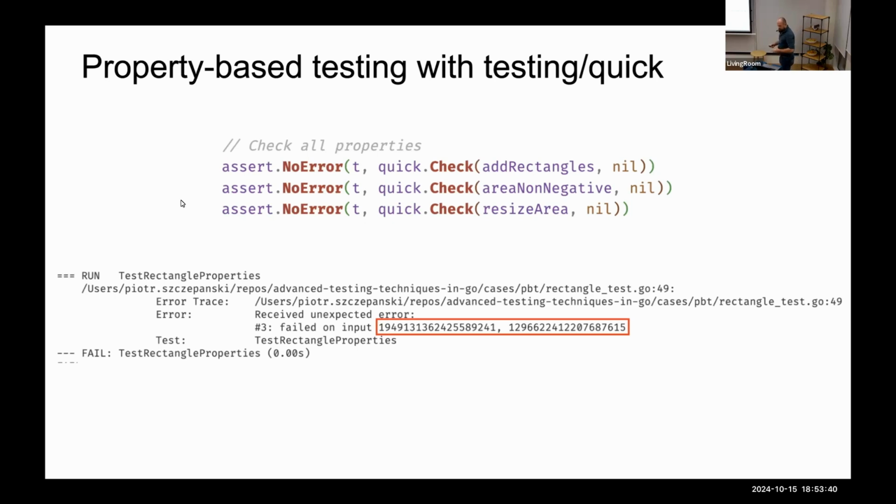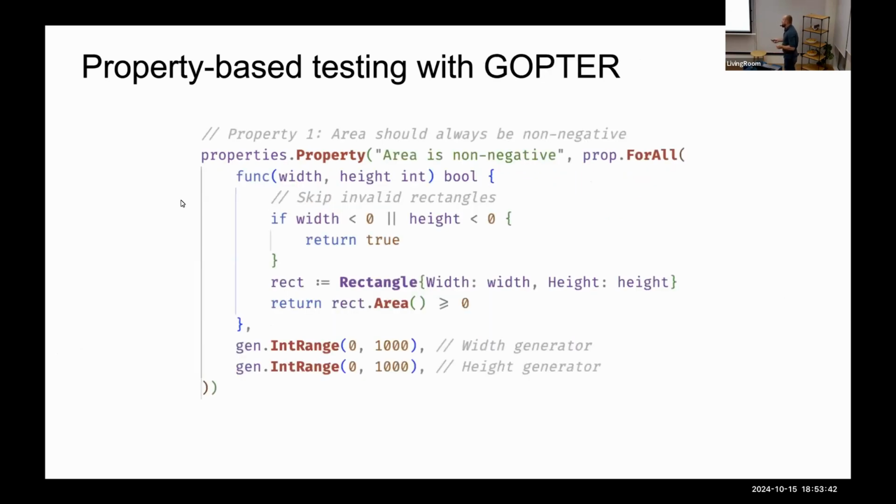There is an external library that does this as well. It's called Gopter. It's great. It's fantastic. The idea is the same. You also define some property that should always hold true or not true, depending on how you want to look at it. And it is slightly more unwieldy to use than quick, but that's because it provides far more capabilities.